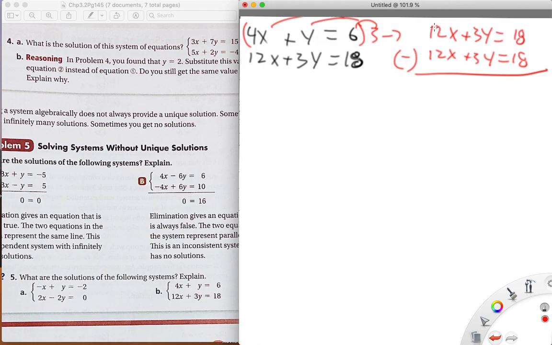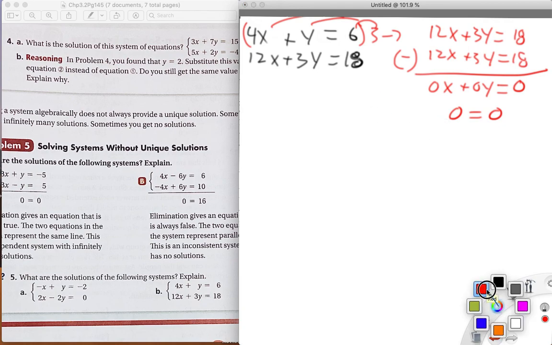I subtract them because I have a 12 here and a 12 here, and they're the same sign. So it gives me 0x plus 0y equals 0. Then I have 0 equals 0. When you have a situation where you have 0 equals 0, we're dealing with identical lines.